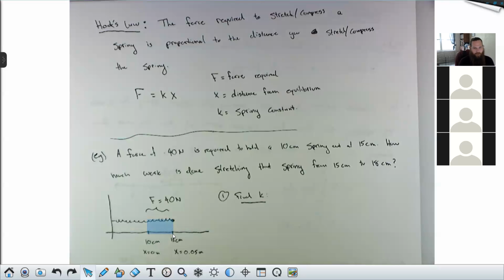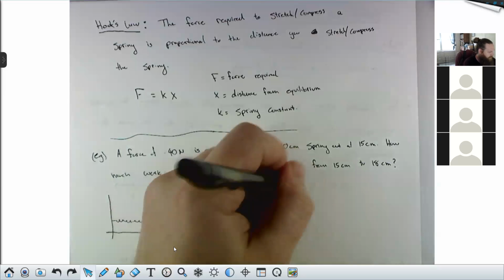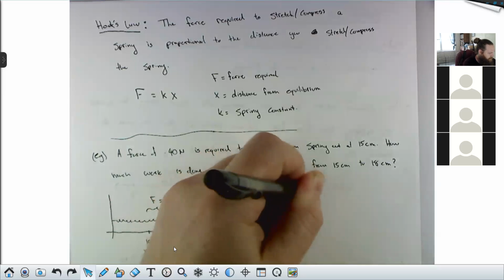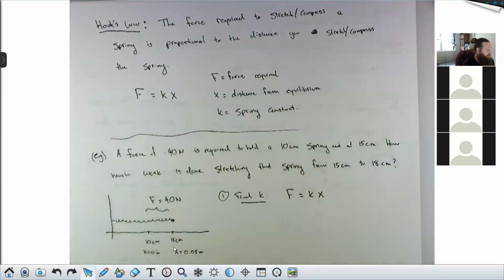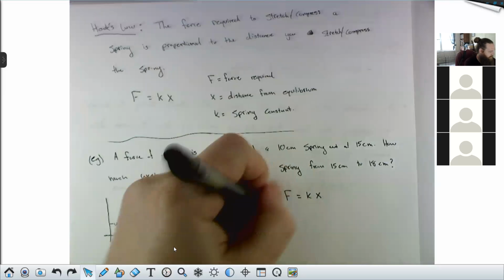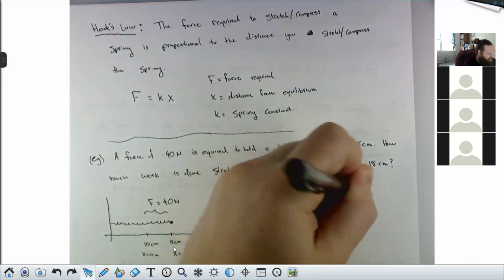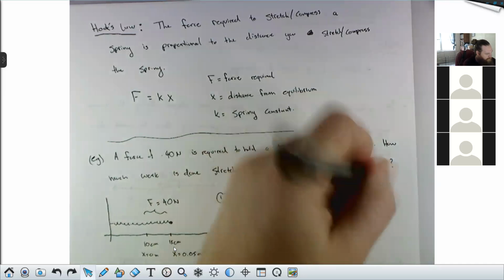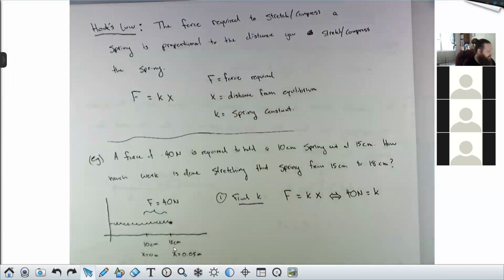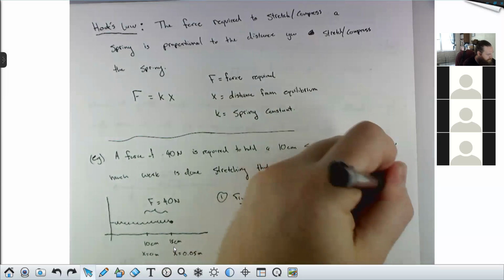The displacement from here to here is 0.05 meters. We know that the force is equal to K times x. The force there is 40 newtons, and that's equal to K times the distance I had to stretch, from 0 meters to 0.05 meters.